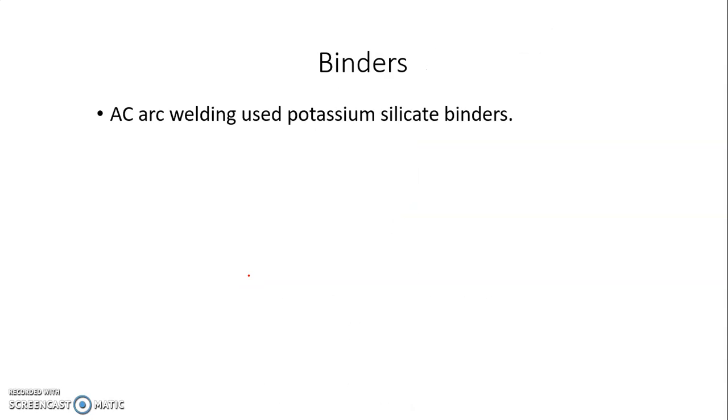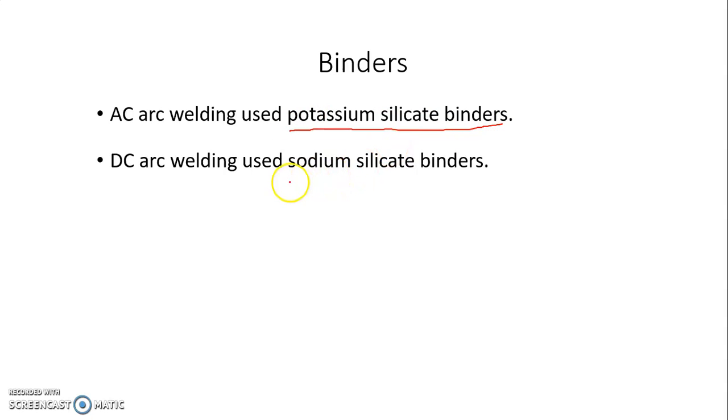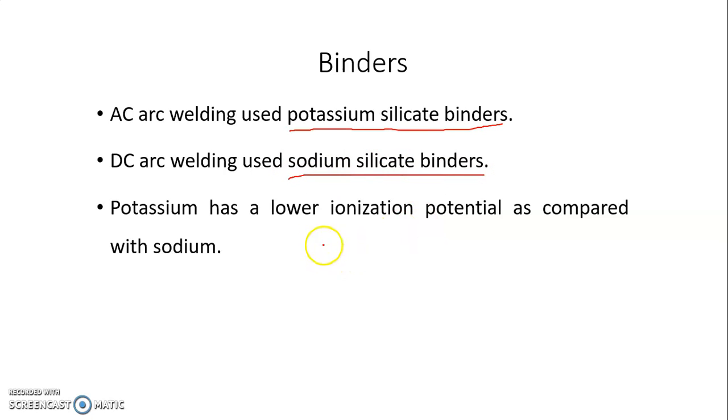First of all, binders. AC arc welding uses potassium silicate binders. DC arc welding uses sodium silicate binders. Potassium has a lower ionization potential as compared to sodium, so we get easier ionization in AC arc welding as compared to DC arc welding.